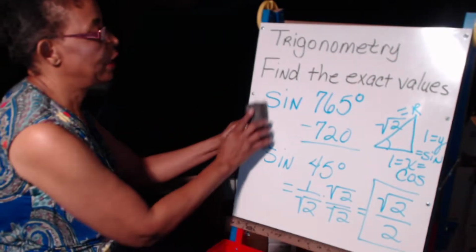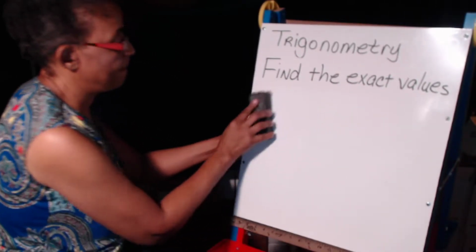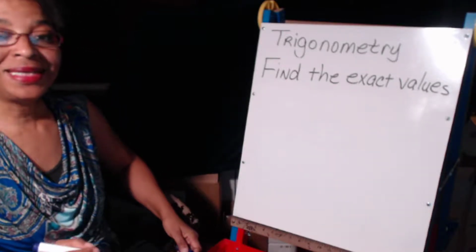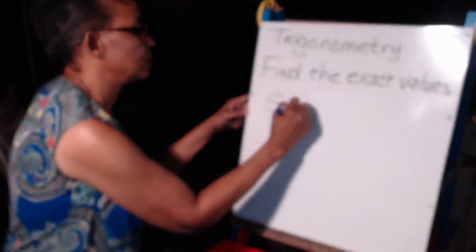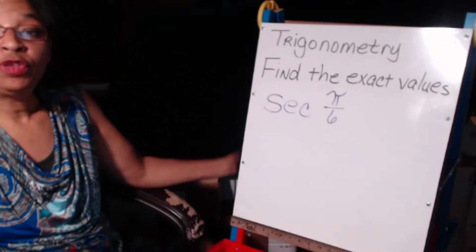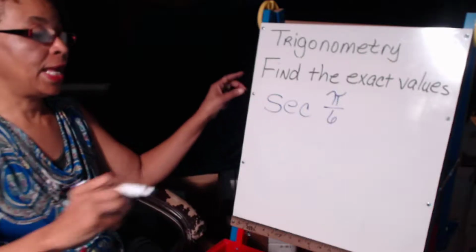So now let's look at a third problem. Here we have the secant of pi over 6. If you will recall, the secant equals 1 over cosine.